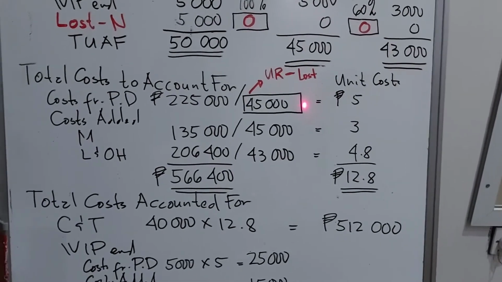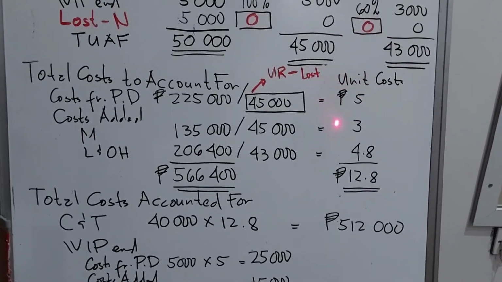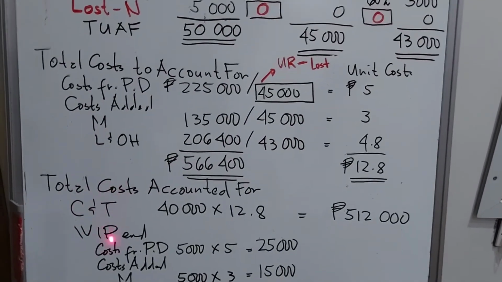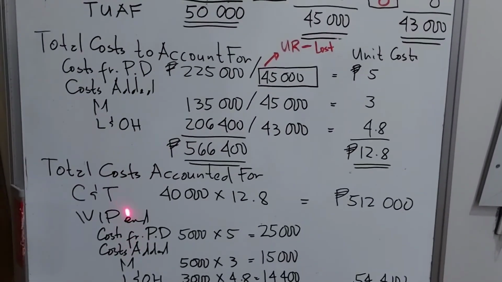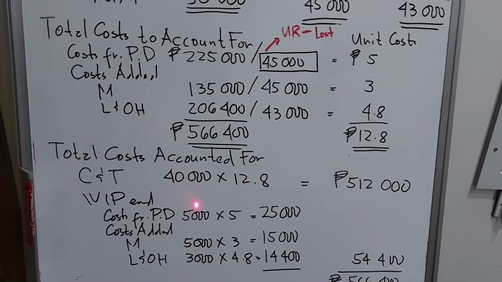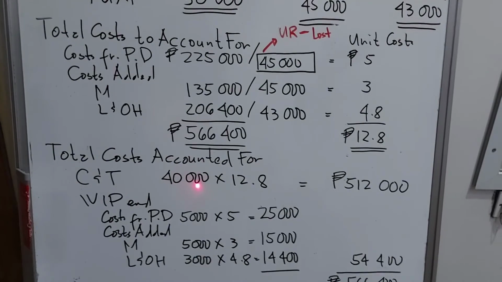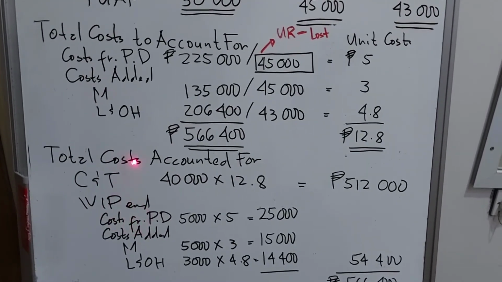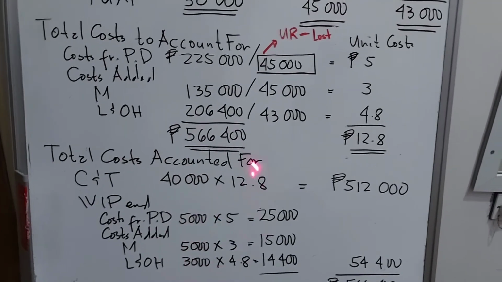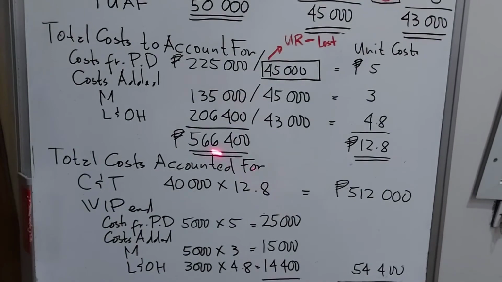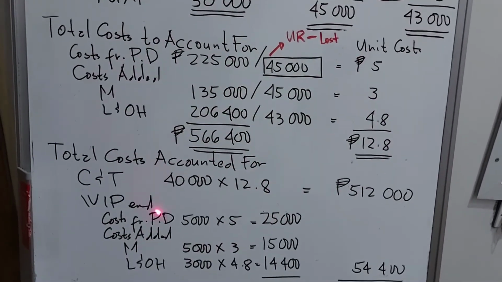Yung cost ng loss units, sino ang mag-a-absorb? Automatically, si completed and transferred and work in process ending. Na-absorb ba nila yung cost ng loss units? Yes. Tanong ko, sagot ko din. Paano nila na-absorb?